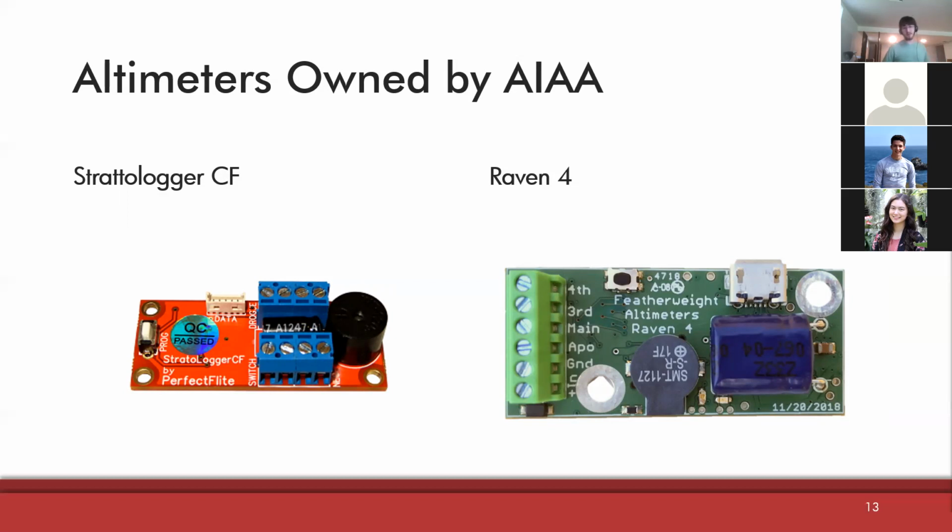But to give you more of an idea of the different types of altimeters, the Stratologger, I think, is somewhere in the range of $60-ish, and uses only a barometer to detect your apogee and the current altitude for logging. And it does logging at a relatively low frequency.